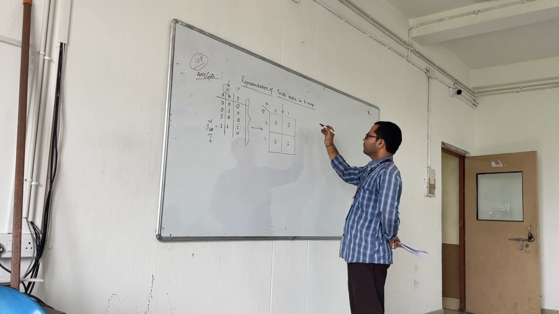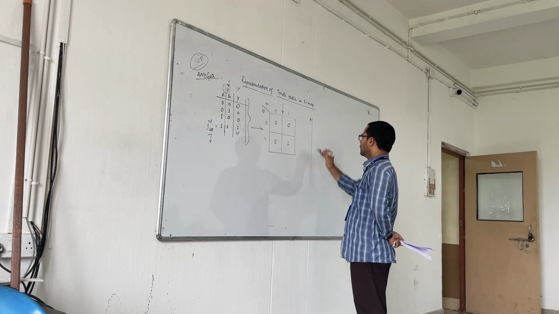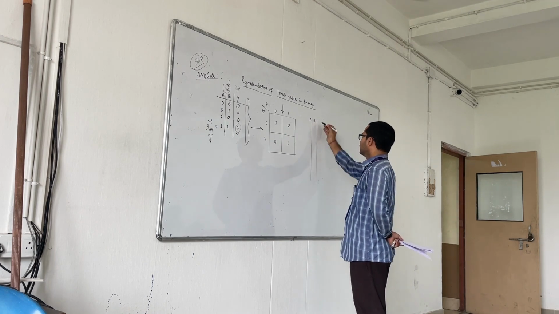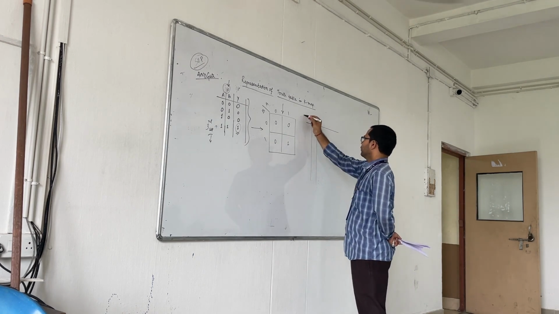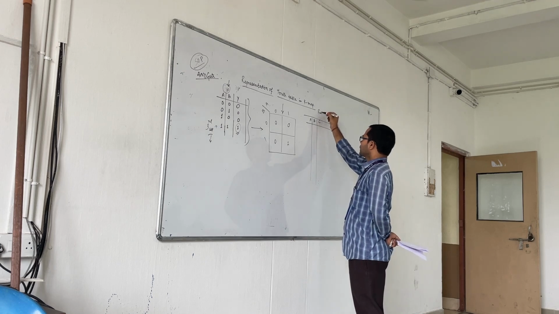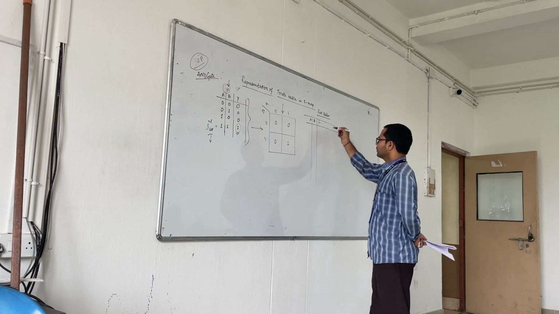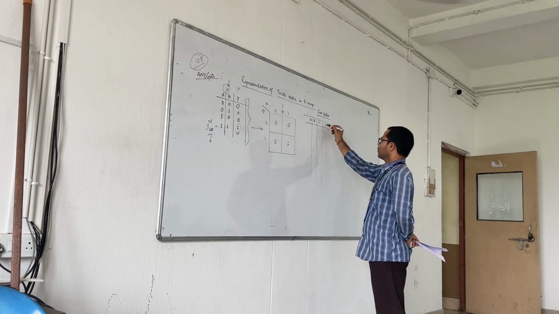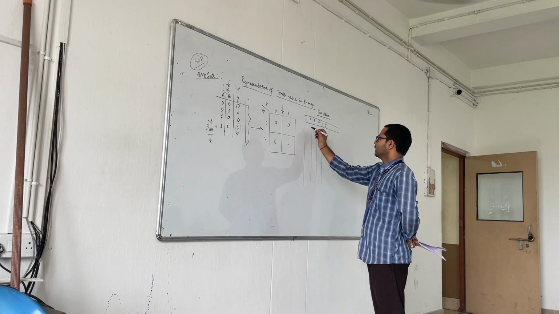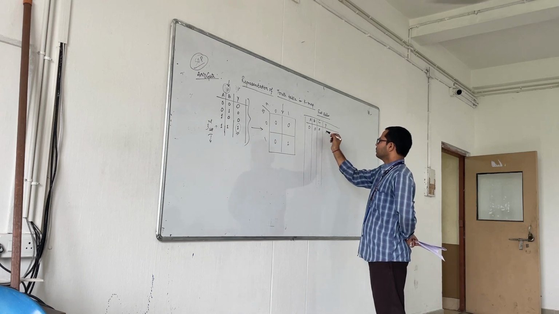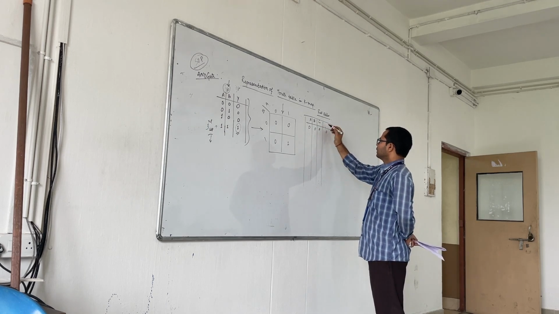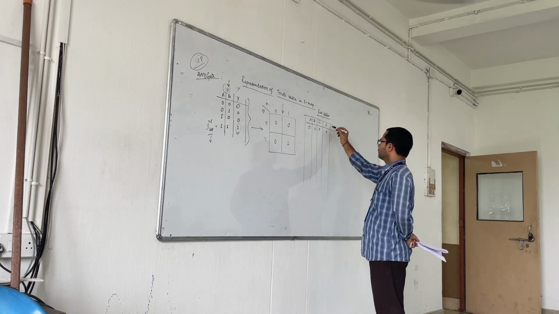Now for 3 variables, that means A, B, C, if you take the full adder, for say full adder truth table, then output Y will be corresponding to the inputs 0 0 0, and the output is again in sum and carry form.